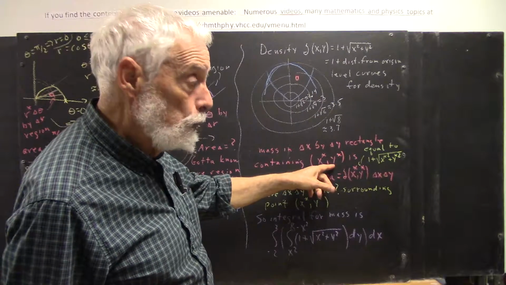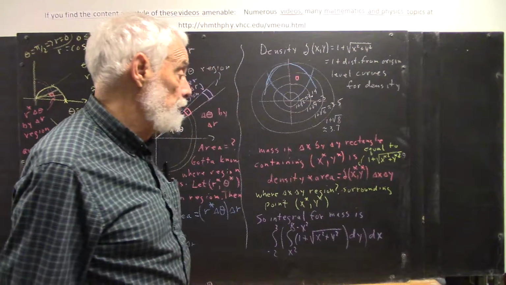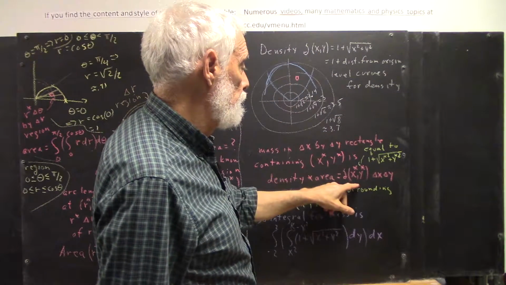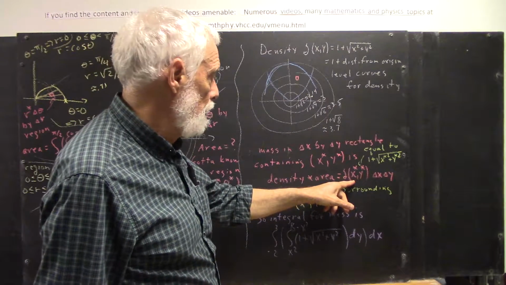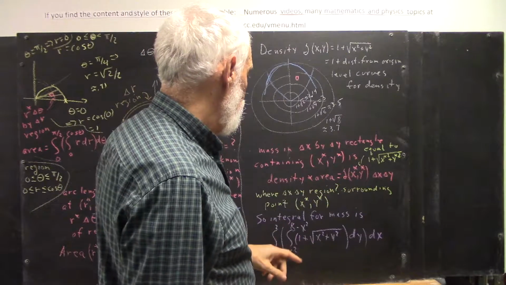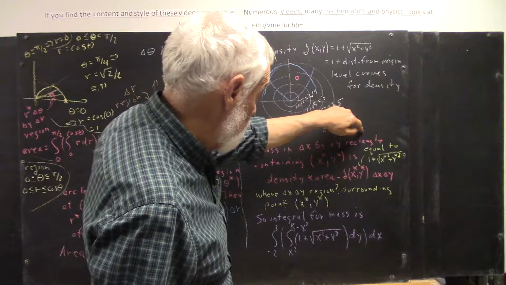We're going to use where it is to determine the density. Specifically, we're going to evaluate this density function at the point x star, y star and assume that the density is the same throughout that small delta x by delta y rectangle. That's going to give us the mass within this rectangle.